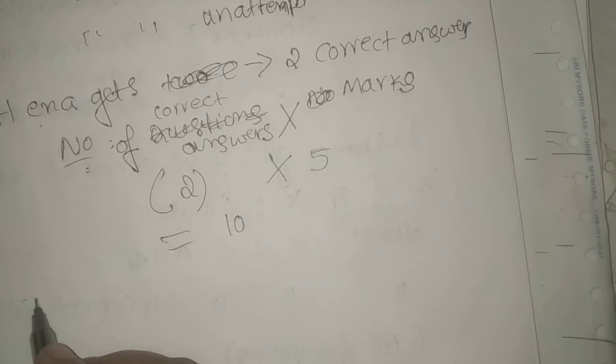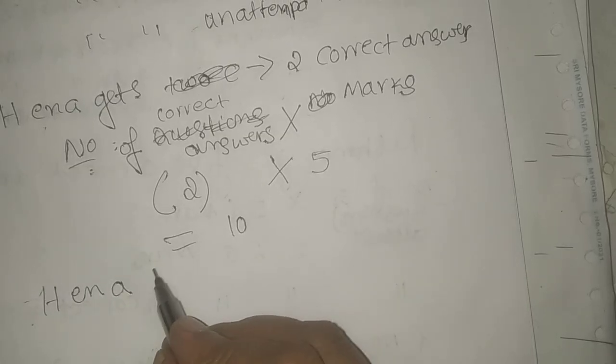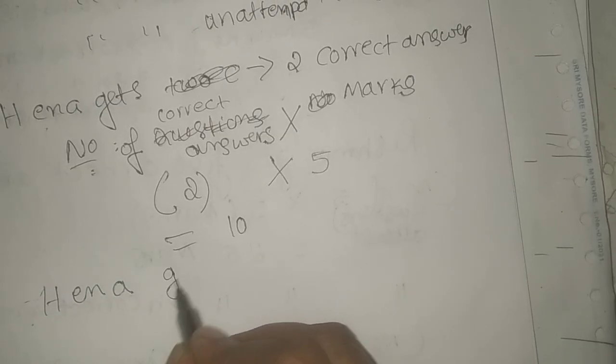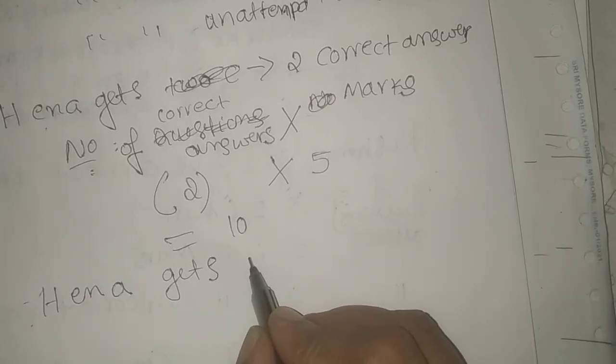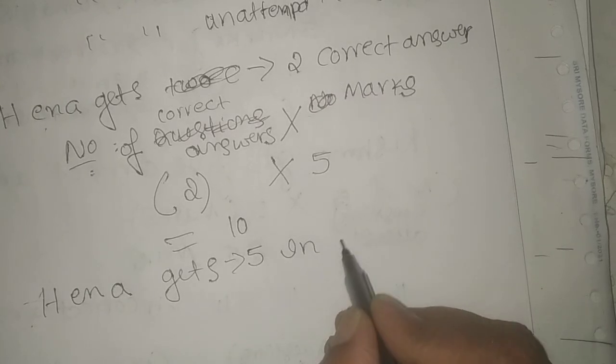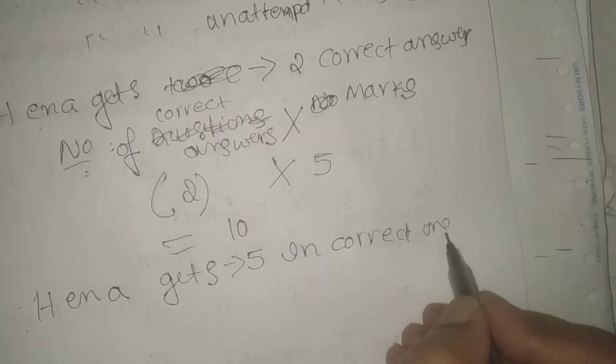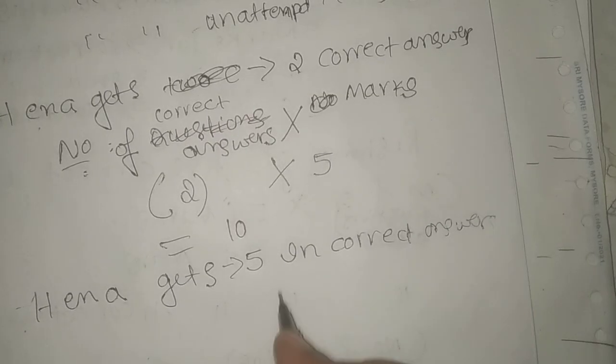Then Ina gets 5 incorrect answers. What happens?